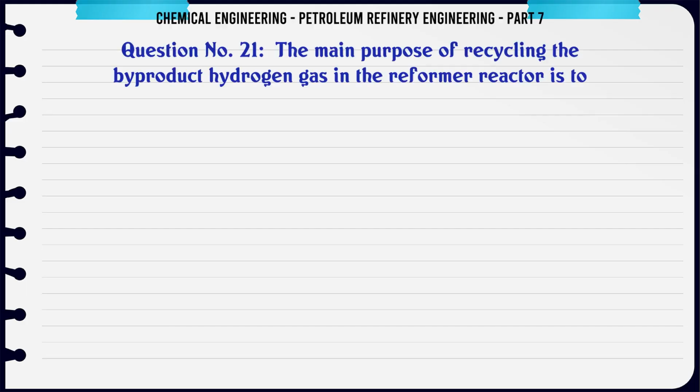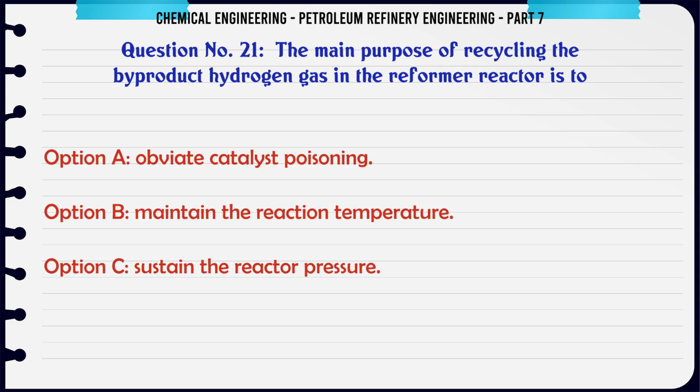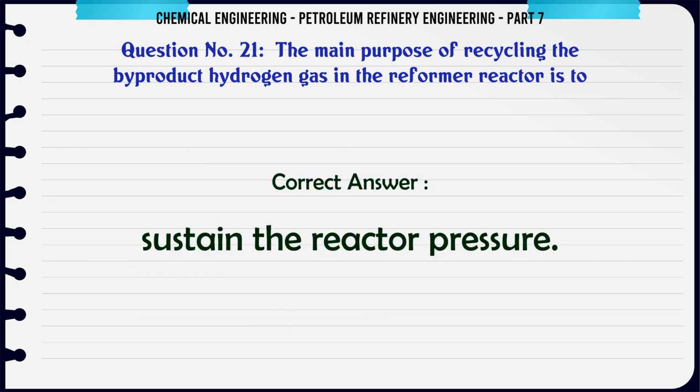The main purpose of recycling the byproduct hydrogen gas in the reformer reactor is to: A. obviate catalyst poisoning, B. maintain the reaction temperature, C. sustain the reactor pressure, D. hydrogenate the feedstock. The correct answer is sustain the reactor pressure.